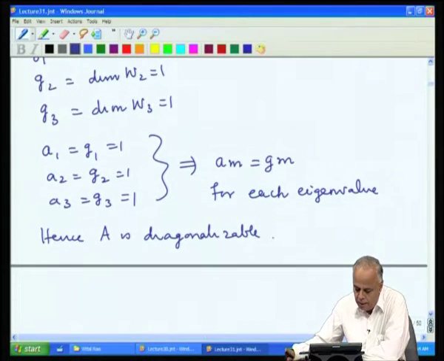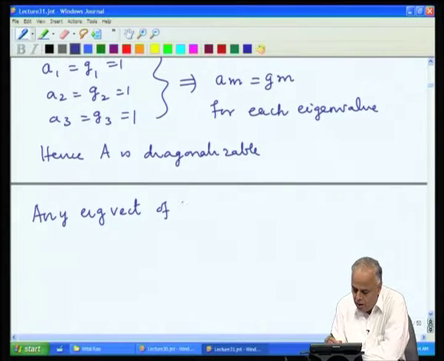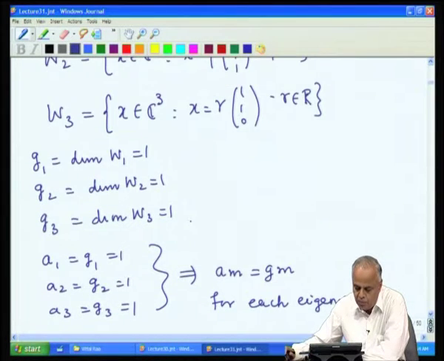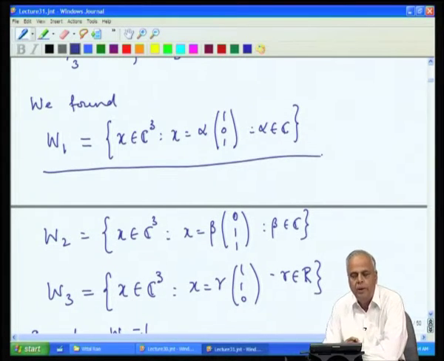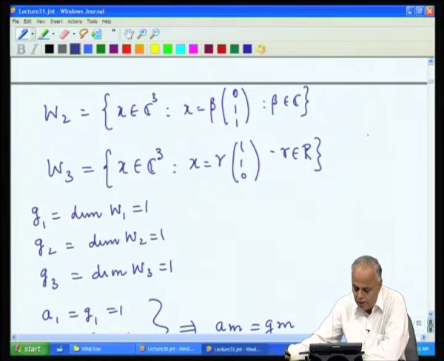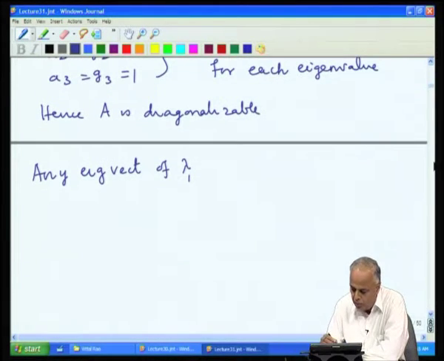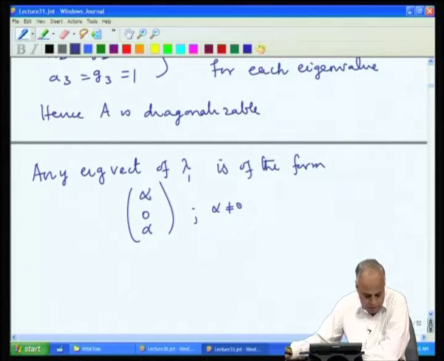Now, observe that any eigenvector of lambda 1 is from W 1. If you take the eigenspace W 1 corresponding to lambda 1, every non-zero vector from this space is an eigenvector. So, any eigenvector of W 1 is of the form (alpha, 0, alpha), alpha not equal to 0.